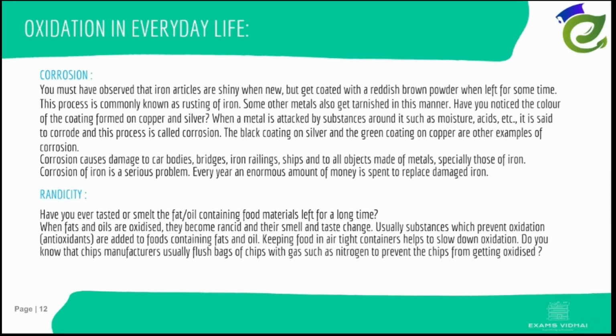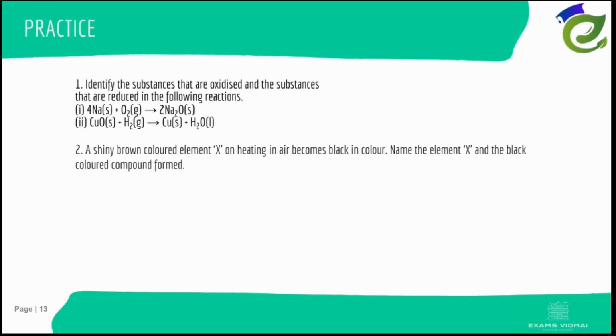When fats and oils are oxidized, they become rancid and their smell and taste changes. Usually substances which prevent oxidation are added to the food, otherwise it will become like this. So this is also an example of oxidation. And in the chips we get, earlier they used to add nitrogen to prevent oxidation from taking place.